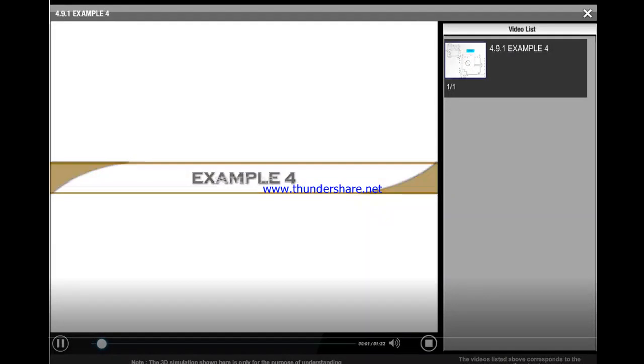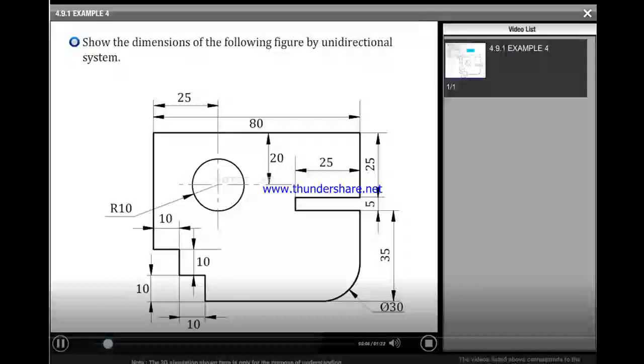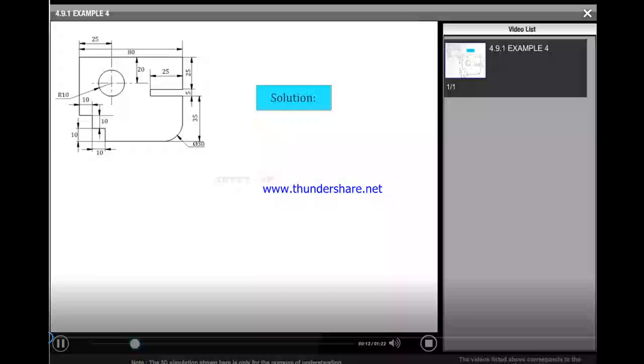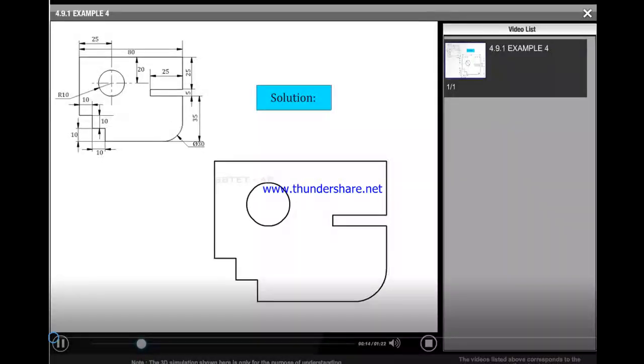Example problem 4. In this, the dimensions are to be represented as per the unidirectional system. In this system, all of the dimensions.